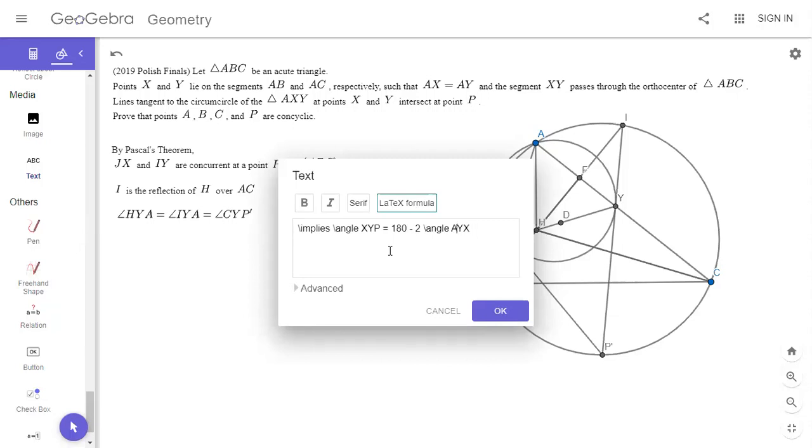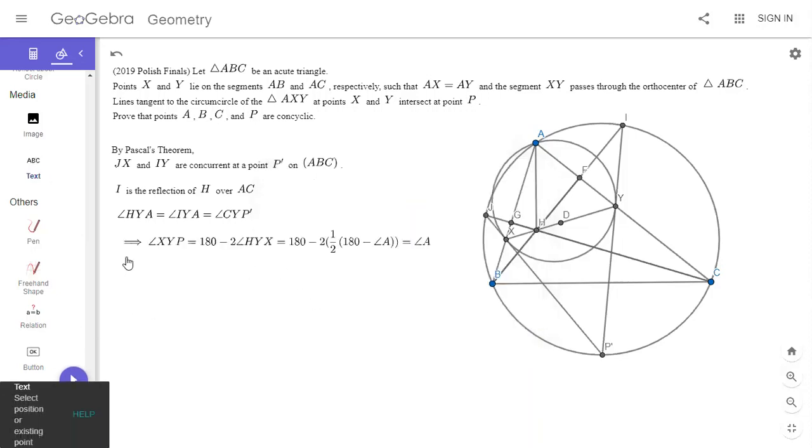I'll put HYX just to match what I did before, which is 180 minus 2 times, HYX is half of 180 minus angle A. And that is equal to angle A. See how this turns out.